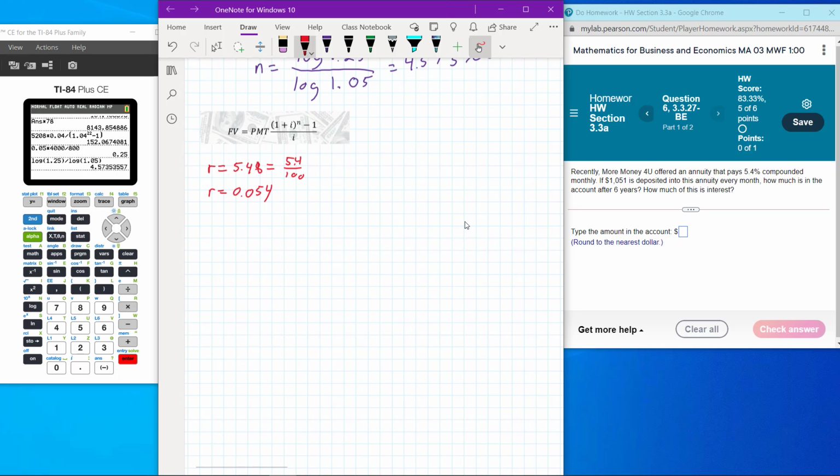And we're also compounding monthly, and since there are 12 months in the year, we have that M is equal to 12. We also have that our payment is going to be $1,051 every single month. So PMT is equal to $1,051. And we want to know how much is in this account after 6 years. Well, that implies that T is equal to 6.